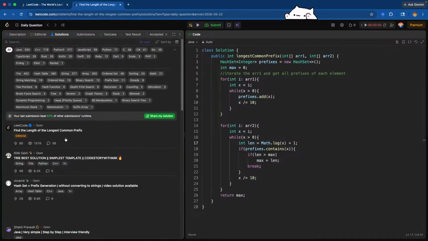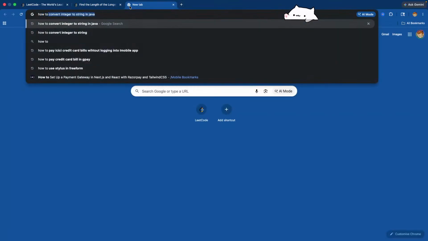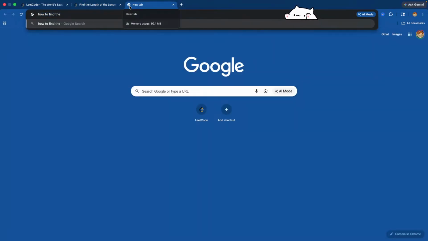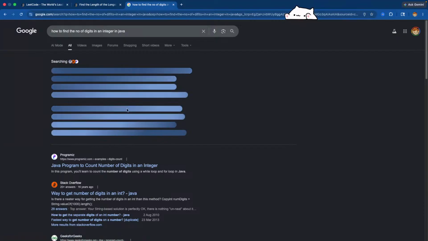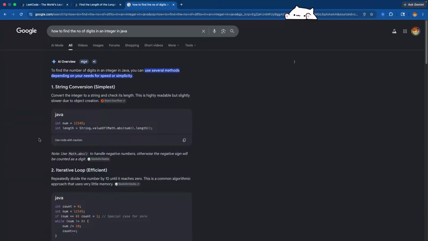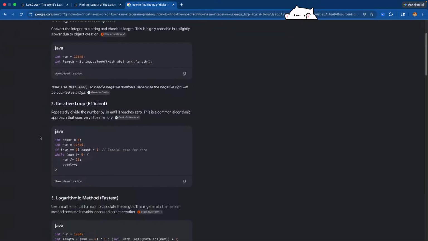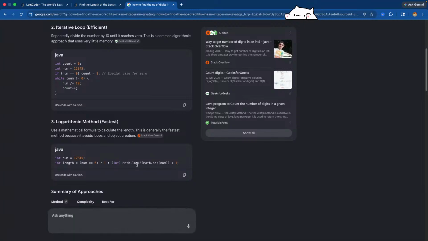What was it? How to find the number of digits in an integer in Java? Math.log10.